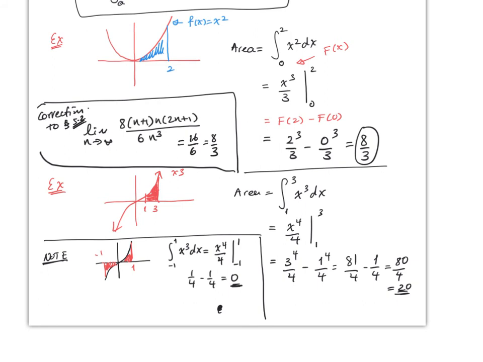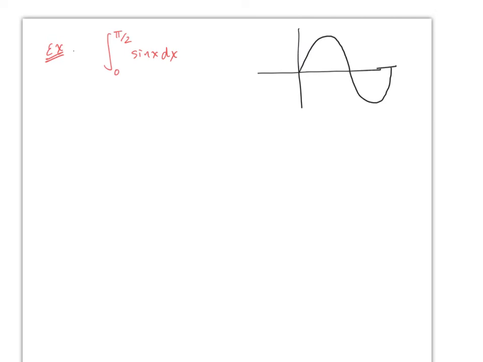Okay, let's do a few more examples applying the second part of the fundamental theorem of calculus. Let's say now that you want to find the area between 0 and pi over 2 of sine x dx. You don't always have to do a graph anymore, but it's always useful. Remember, the graph for sine looks like this. So if you want the area between 0 and pi over 2, pi over 2 is actually here.